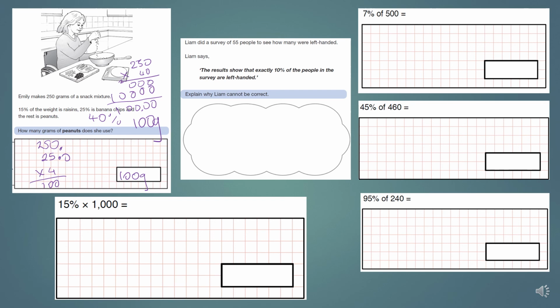Well, if you took your 55 and you used your place value and you divided by 10, everything would move to the right once and you would get 5.5. Now we couldn't have half a person. 5.5 would say 5.5 people. So we cannot have 0.5 of a person.